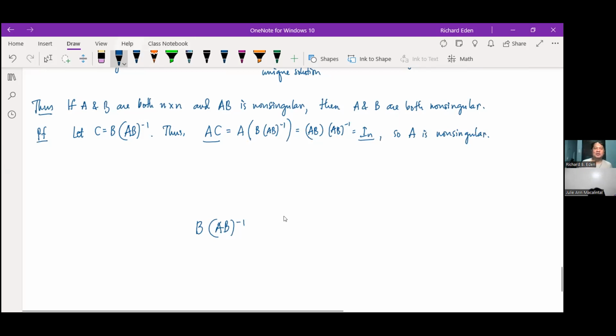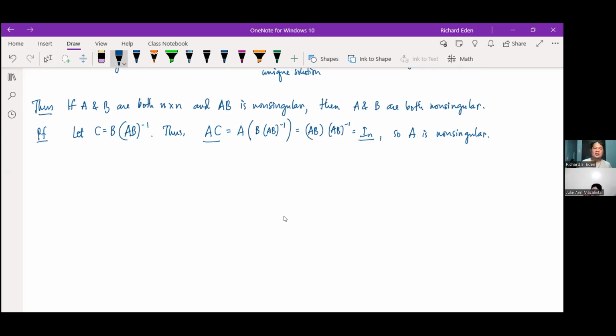Now let's show that B is non-singular. If A is non-singular, then we could create a matrix D like what we did here, but that's not necessary, because A is non-singular.